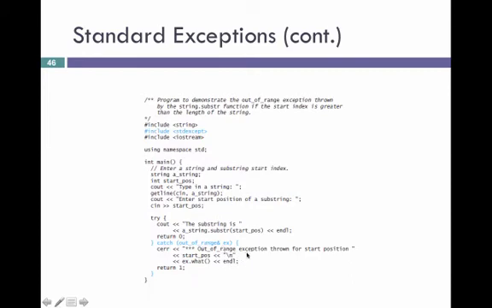We'll print out an error message that the exception was thrown, and we'll include the start position. And we know that because that was passed in as the parameter, and we'll get whatever other information is included with the exception, and then we'll return a 1 from our main routine, which indicates an error occurred.